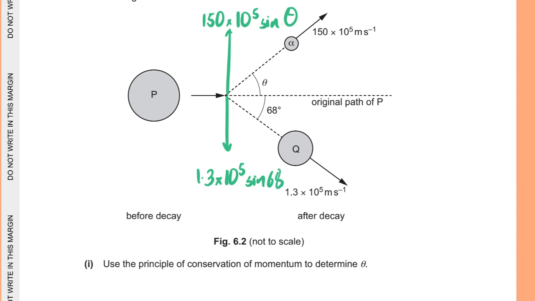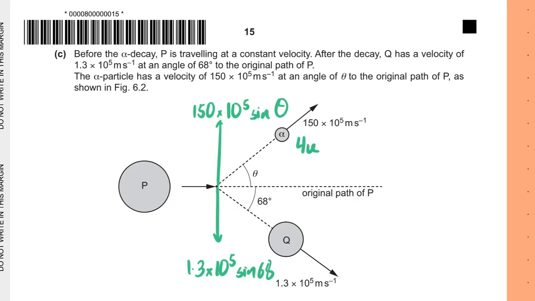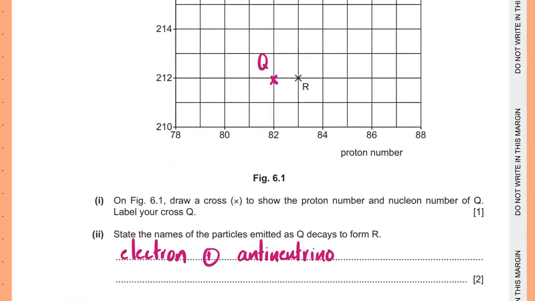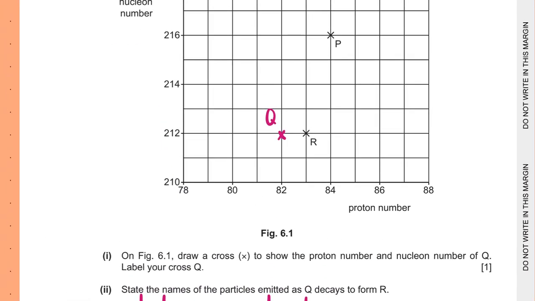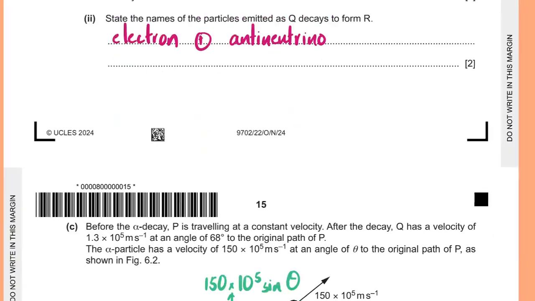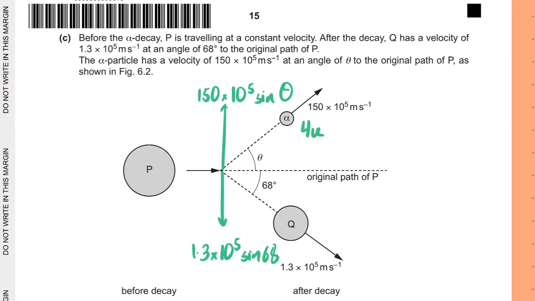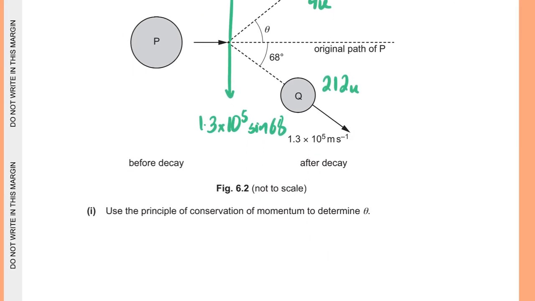So for alpha, I know the mass is going to be 4u, the atomic mass unit. And Q is something I did talk about here. Q has a mass of 212u, right? Conservation of momentum.